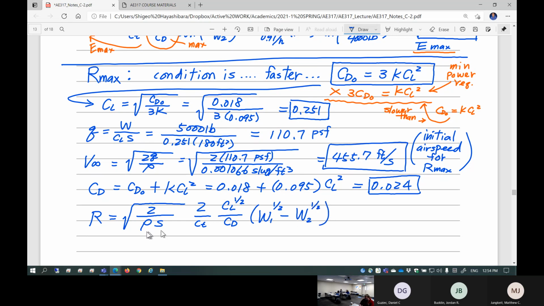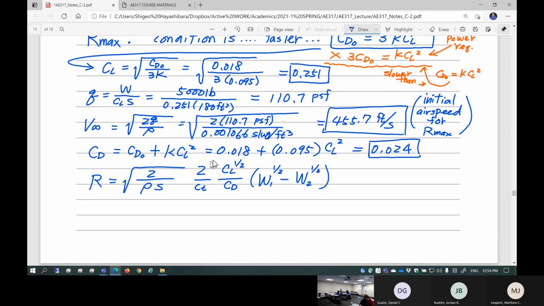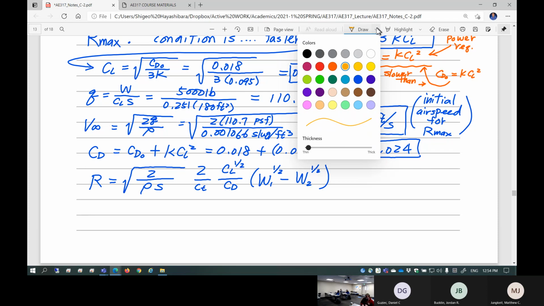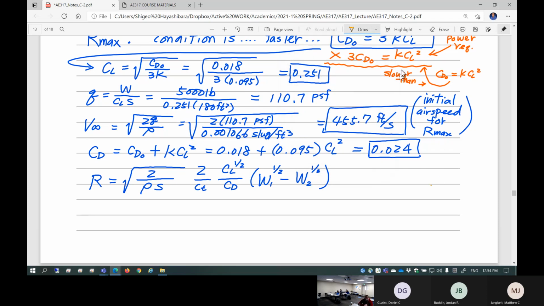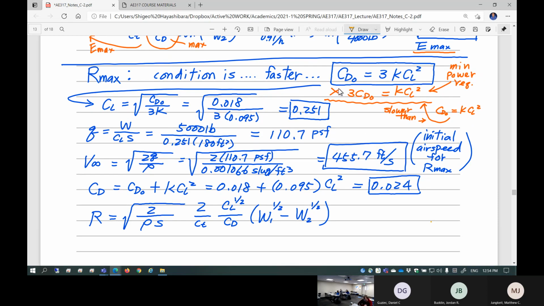You're going to plug in all of those values. Interestingly, the reason why this weird condition comes into play is that if you want to maximize this, this is the condition.